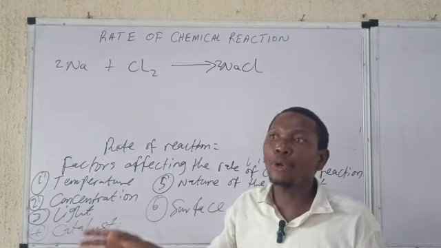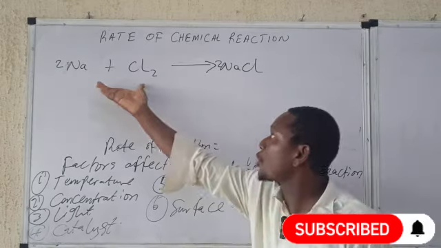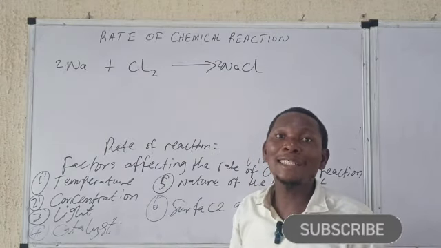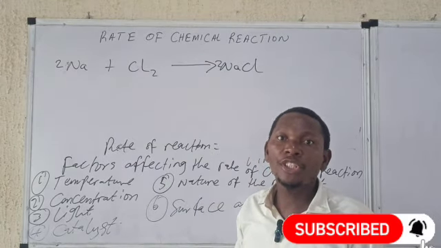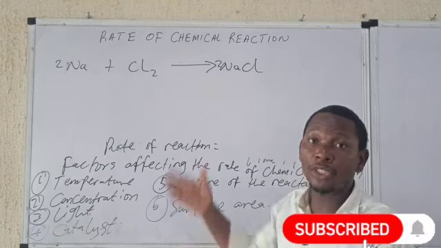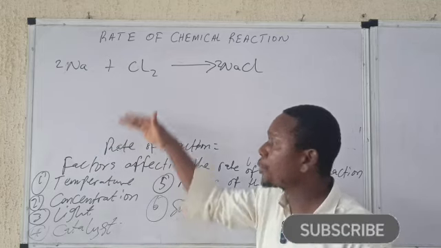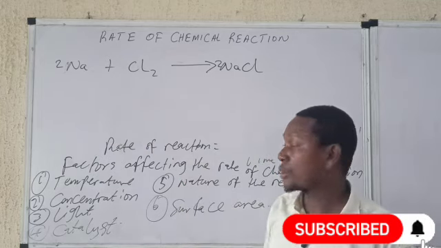But if we have just 2 balls, they may be moving around, but they may not hit each other. So increasing the concentration increases rowdiness and collision. This leads to more effective collision, resulting in an increase in the rate of chemical reaction. What about if you decrease the concentration? It actually decreases the rate of chemical reaction.